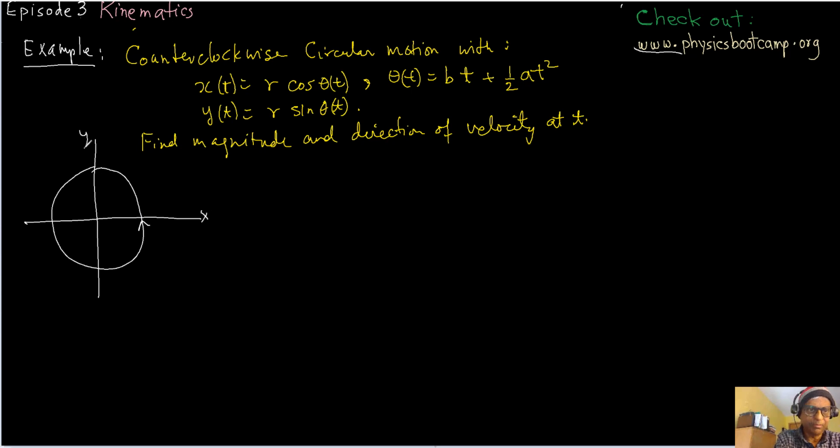It's in the x and y plane, and when t equals 0, theta is 0, so it used to be here at t equals 0, but at time t it's over here, and this angle is theta of t, which is given to you, and you're supposed to find the velocity at this point.